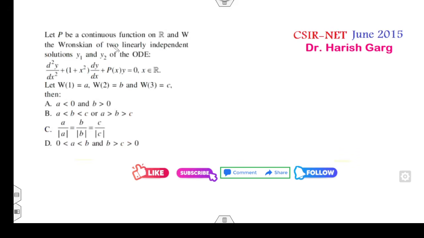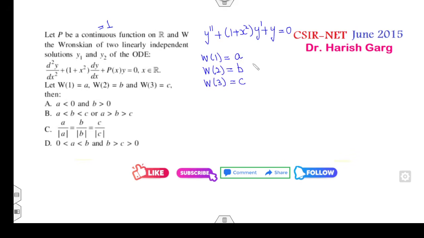Okay, look at this next one. P is a continuous function such that y double dash plus (1 plus x square) y dash plus P y equals 0. P is my continuous function, so you can choose any function, so let's say P is equal to 1. Such that the Wronskian at the point 1 is A, at the point 2 is B, and at the point C is 3C.